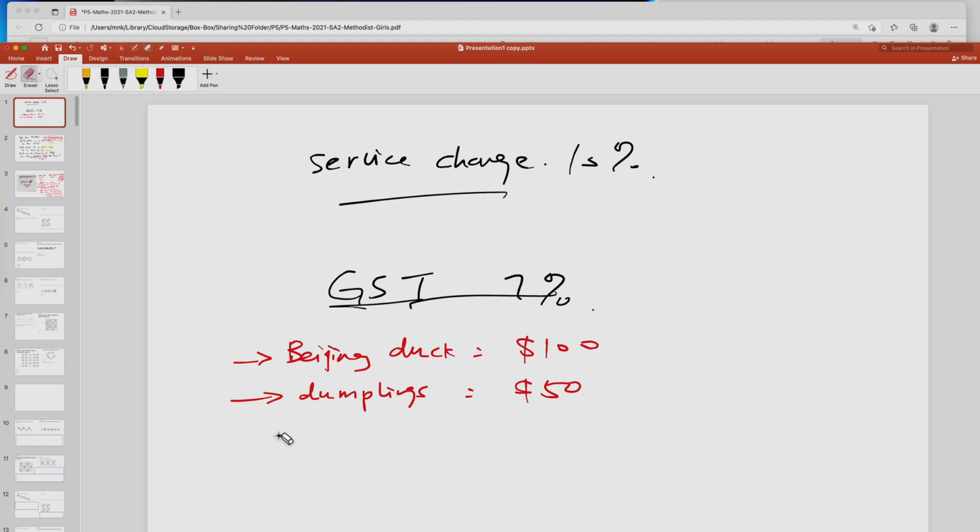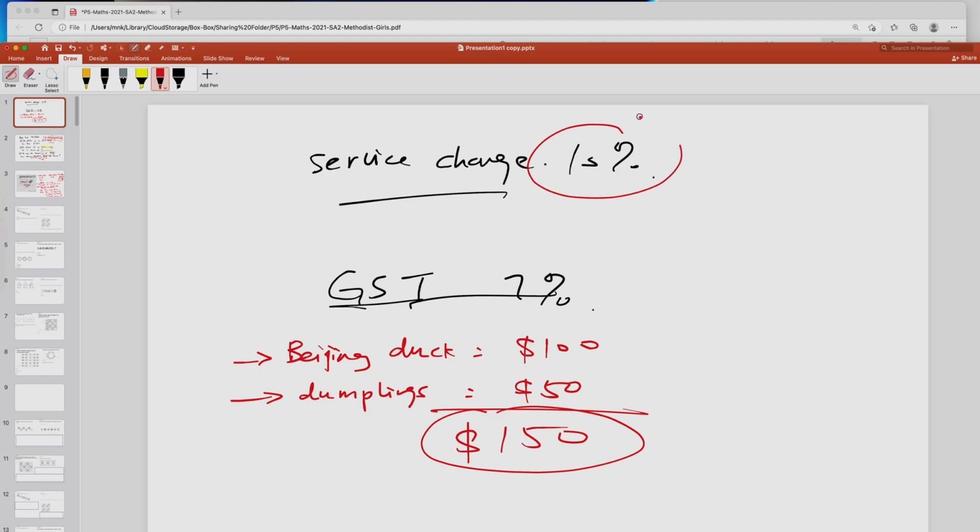So the total will be $150 before the service charge. So 150 is the food price. Now, because there is a service charge, you need to pay 10% of this for the service charge. So how much is the service charge you pay?